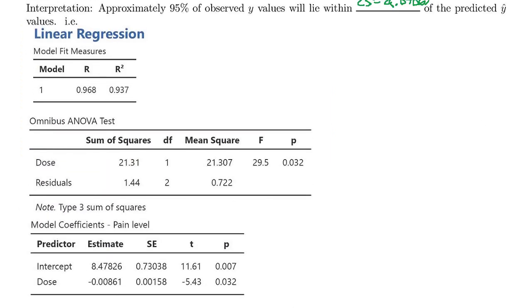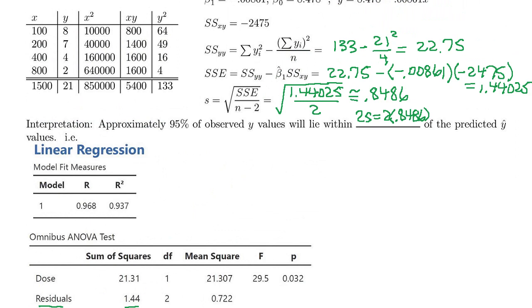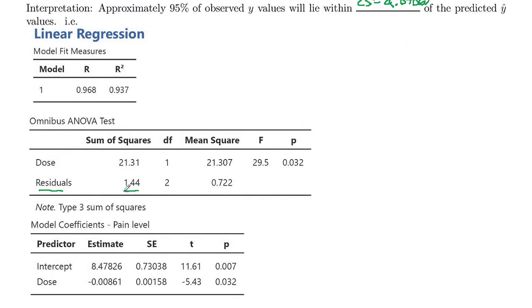The important thing I want you to observe is under the residuals, the sum of squares, 1.44, is our sum of squares of error. That value right there is SSE. And under the mean square column, that 0.722 is s squared.